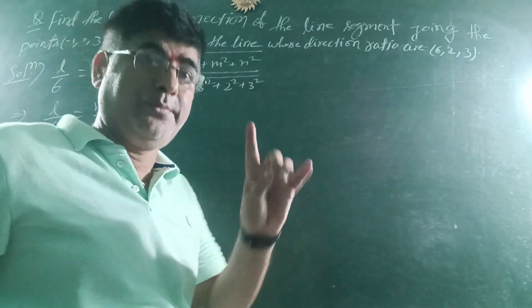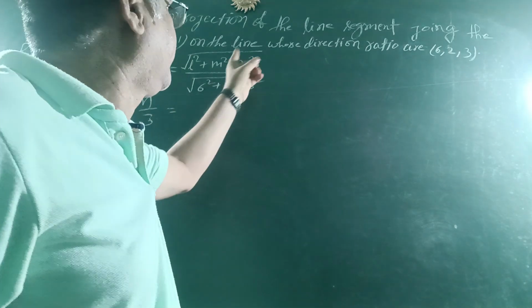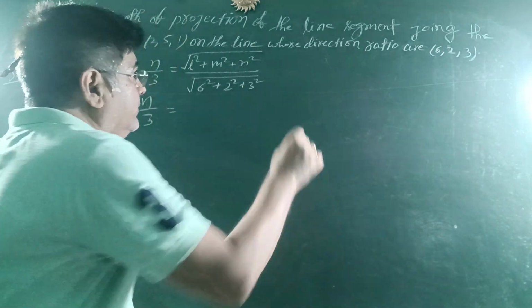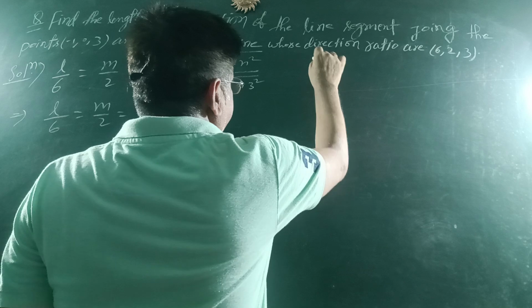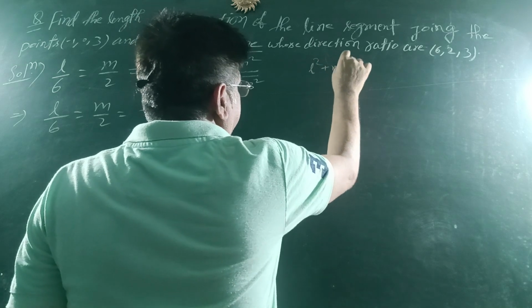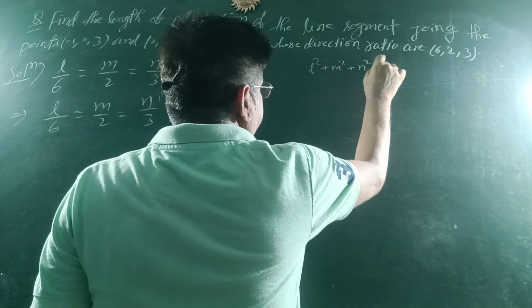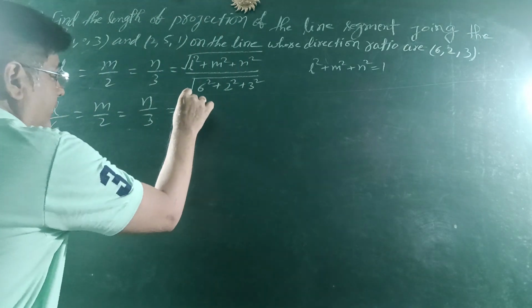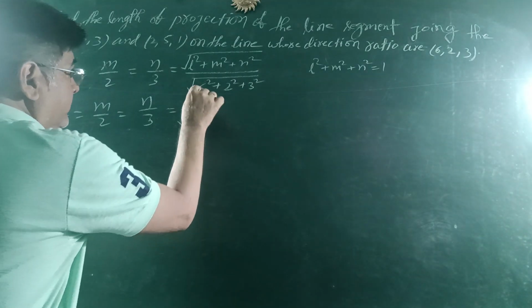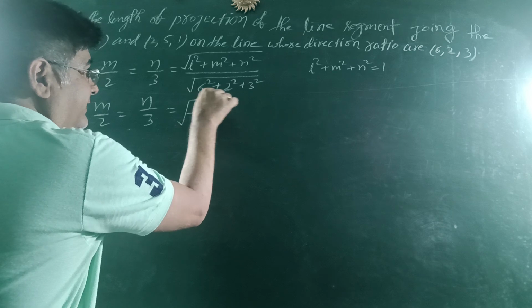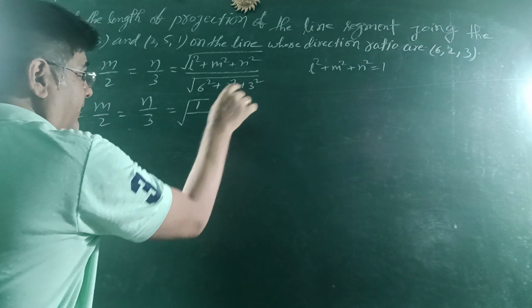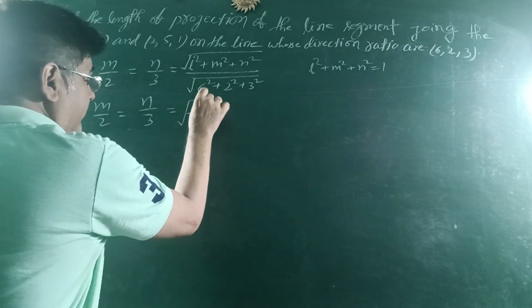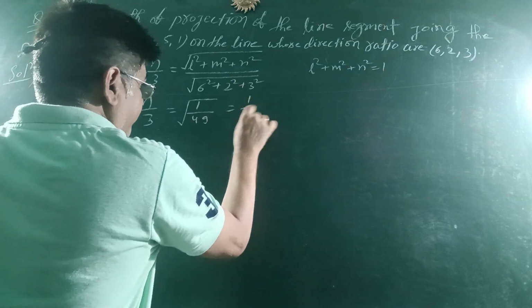We know that always L square plus M square plus N square is equal to 1. So under root 1 by 6 square 36 plus 4 is 40 plus 9 is 49. It is 1 by 7.